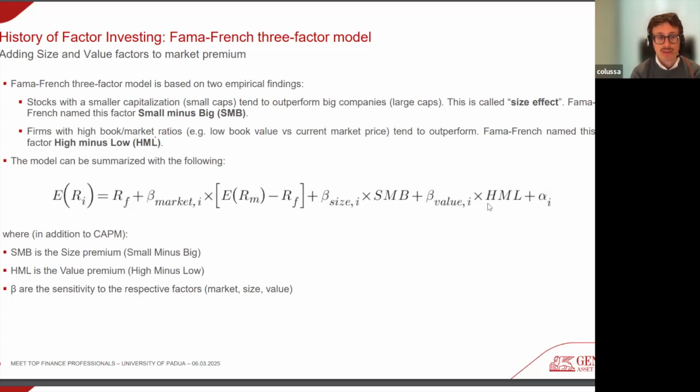And the other one was the high minus low premium factor. It's basically the value premium. So assets whose book value is quite low compared to their current market price tend to perform better. This is quite an important relationship also in current analysis.